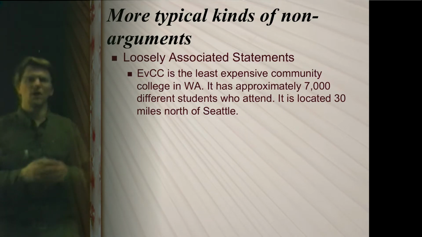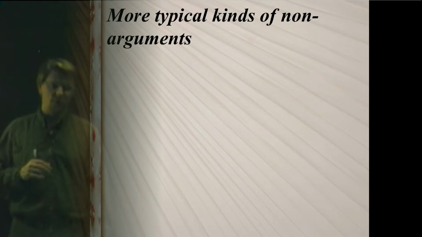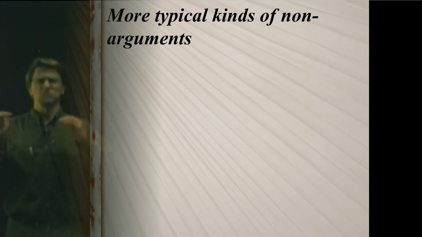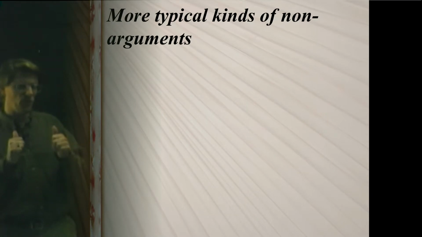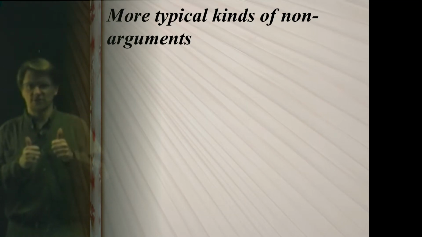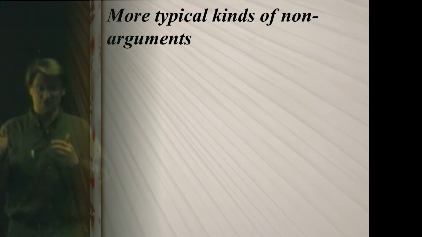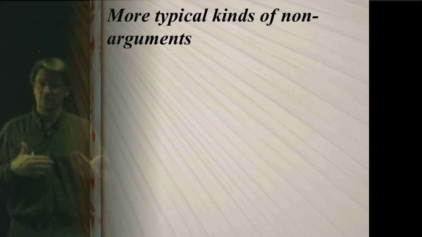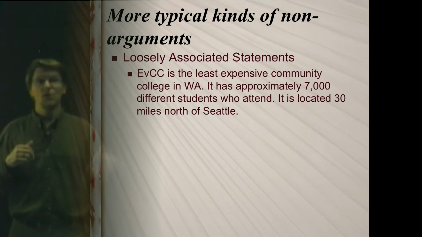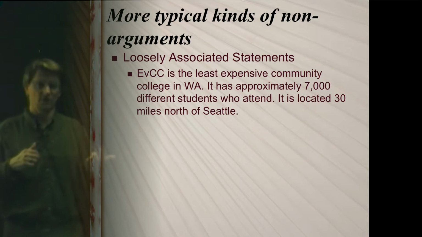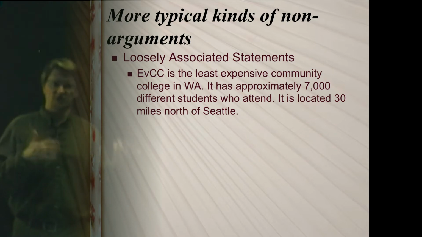Okay, so up to this point, let me back that up for just a moment. Up to this point, you might be thinking, okay, non-arguments, there's a characteristic that helps you to identify them. They are short, right? All of the examples we've seen thus far were quite brief. But we have longer passages that are also not arguments, such as loosely associated statements.